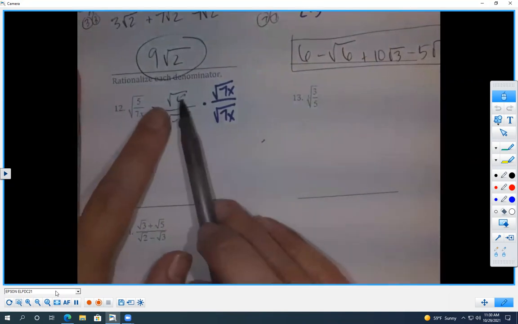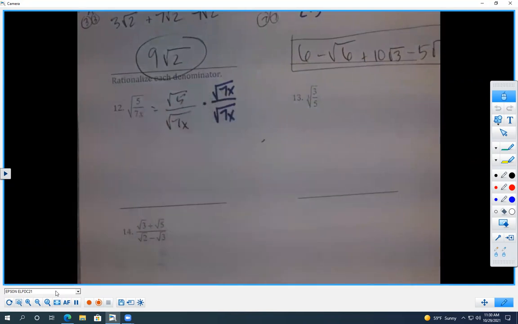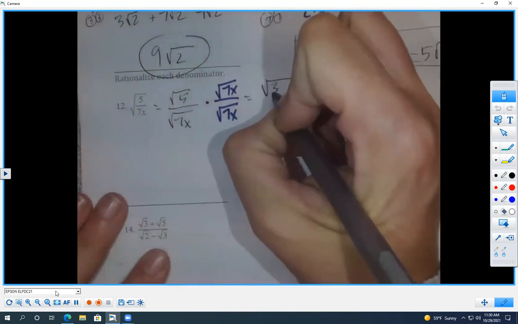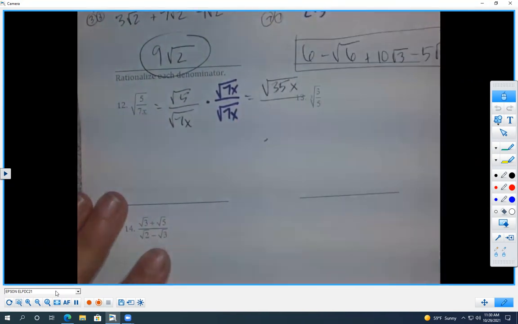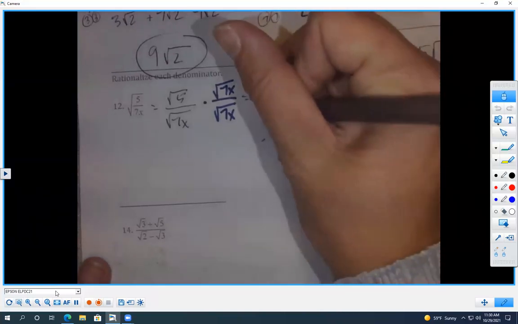So on top, what's the square root of 5 times the square root of 7x? The square root of 35x. On bottom, you get the square root of 7x times the square root of 7x. What's that? Square root of 49x to the second power. Good job.